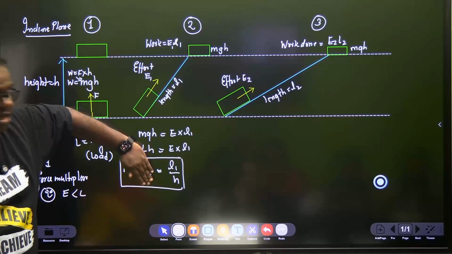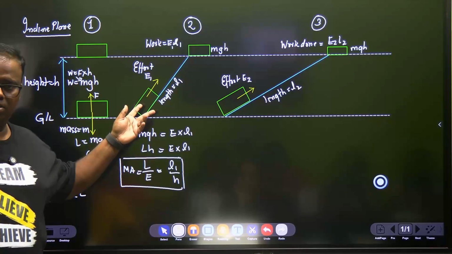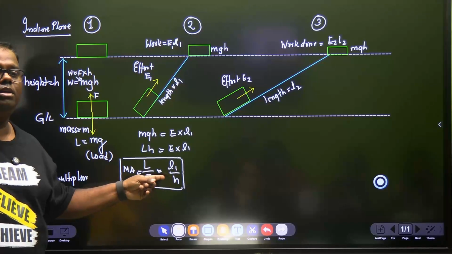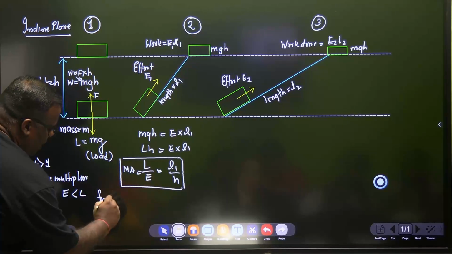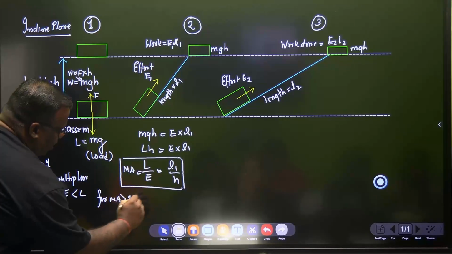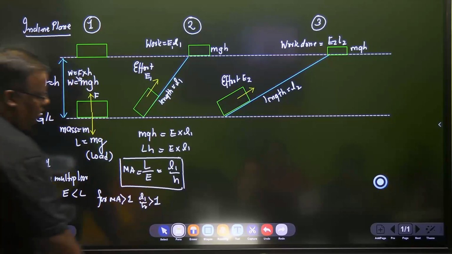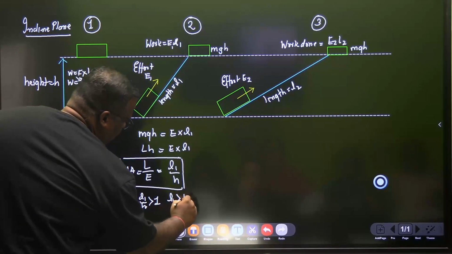You forget the load side, because you have no control on the load that you are lifting. How to make this greater than 1? For MA to be greater than 1, L1 upon H should also be greater than 1. Yes or no? That means L1 should be greater than H.